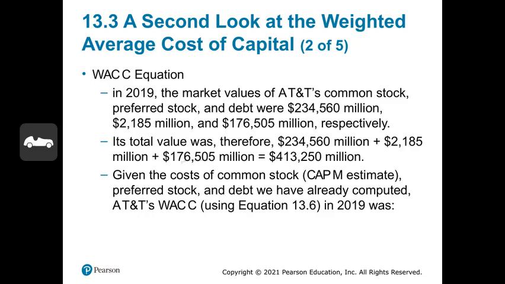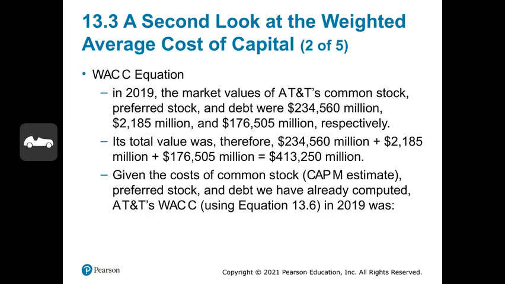So given the cost of the common stock, we're going to use the CAPM estimate that we calculated earlier, and the information that we just were given, we can compute AT&T's weighted average cost of capital in 2019 as follows.